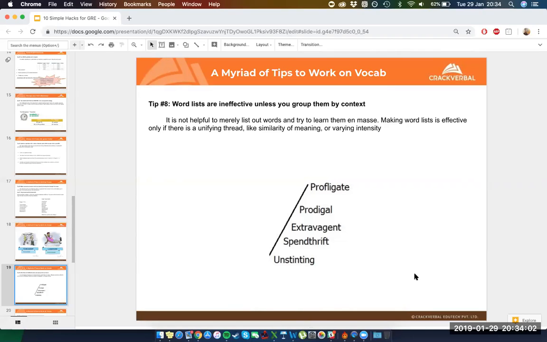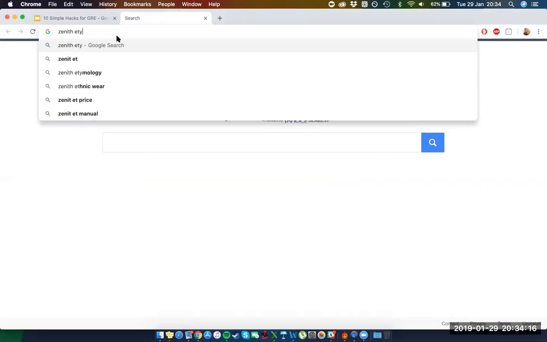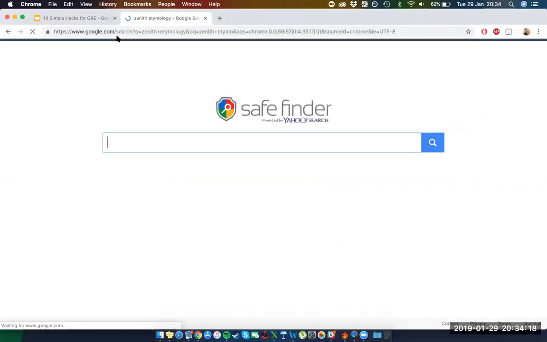How to remember words whose root is unavailable, like zenith. Okay, so if you look up a word like zenith, you can still find out what the origin of the word zenith is. In fact, how about we do it right now, right? Zenith etymology.